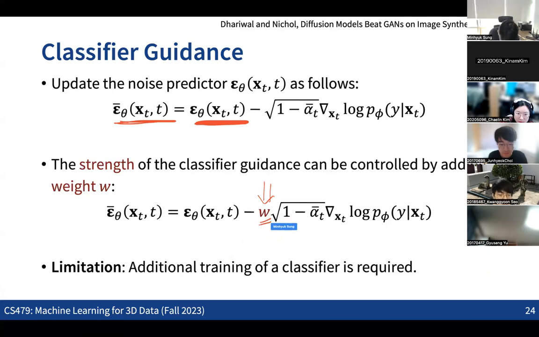If you make this W to be 0, then this becomes exactly the same as the typical DDPM or DDIM process. And if you make this W to be 1, then we are giving some classifier guidance, and even the W can be bigger than 1. So you can play with this, and this idea can be applied to both DDPM and DDIM because they are all based on the noise prediction.